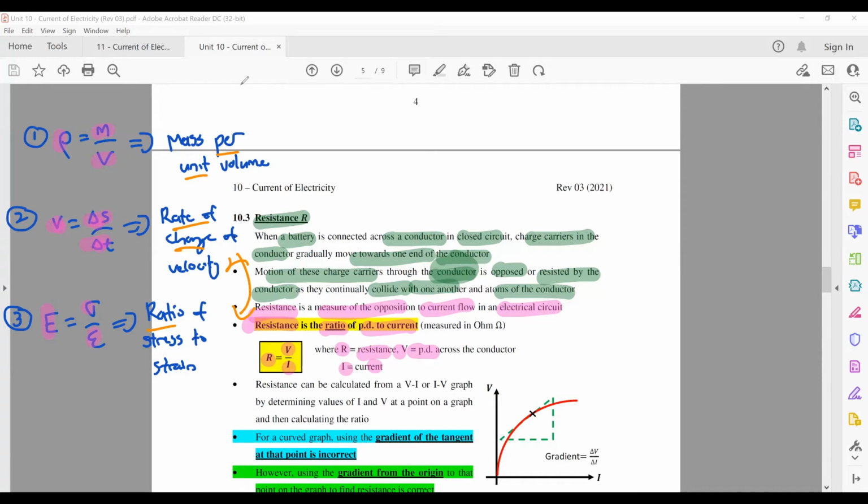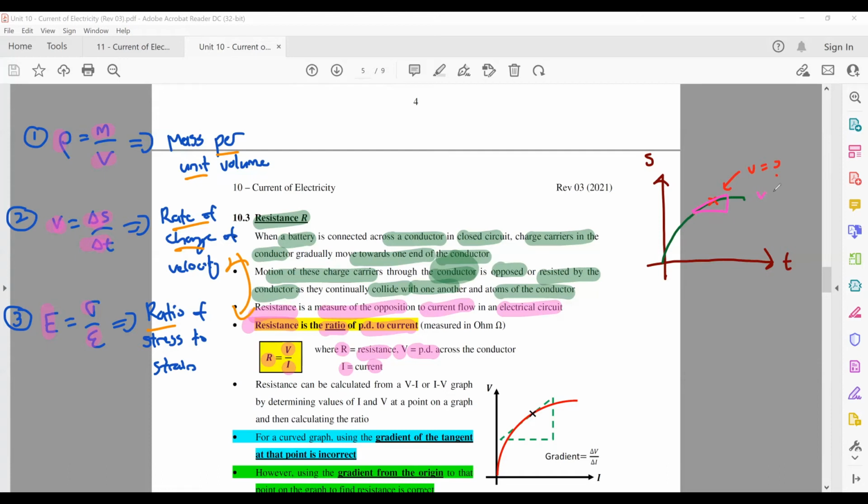Because if I give you a graph of displacement versus time, a graph that looks like this, and then I ask you what is the velocity at this point, what you would say is that to find the velocity at this point, you get the gradient of the tangent, right?